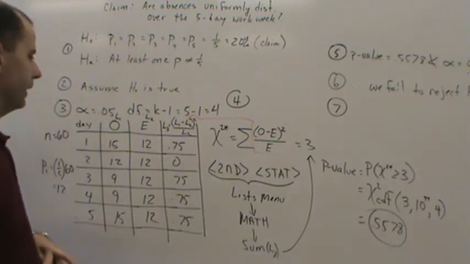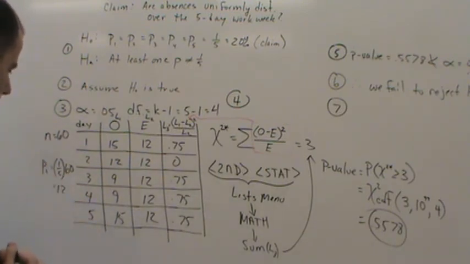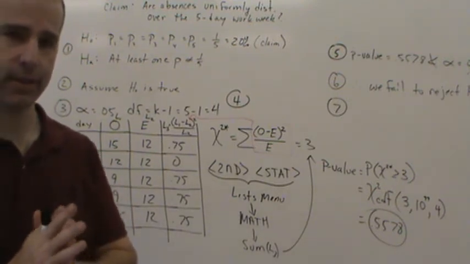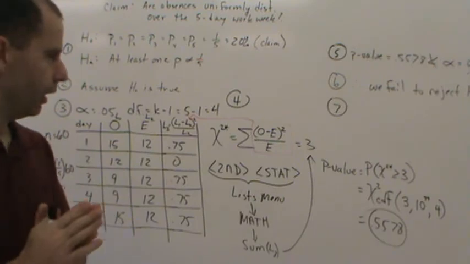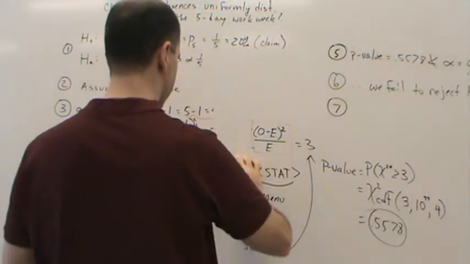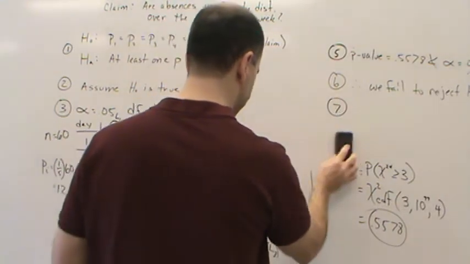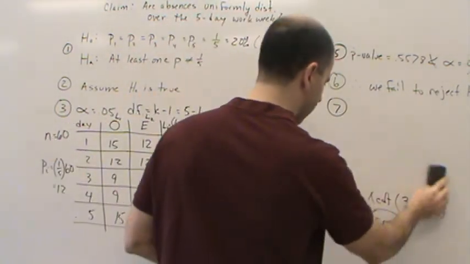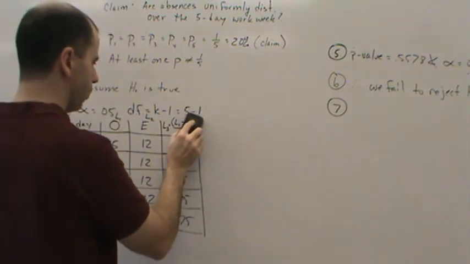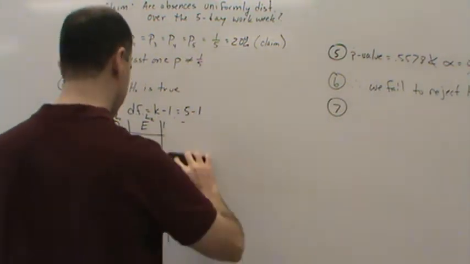Okay? So now, let me show you how to do this with the goodness of fit test function. So now what I'm going to do is erase some of this and leave some of it up here. I'm going to erase this column here because we don't need it.